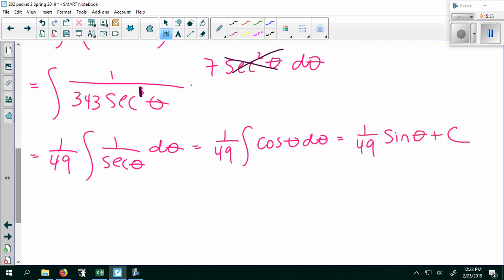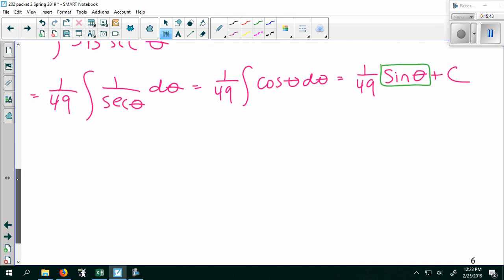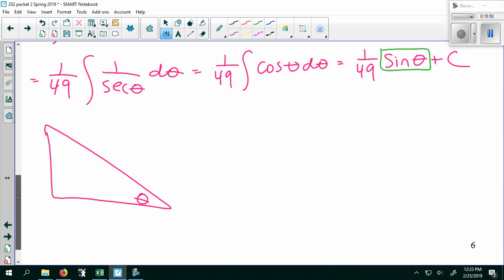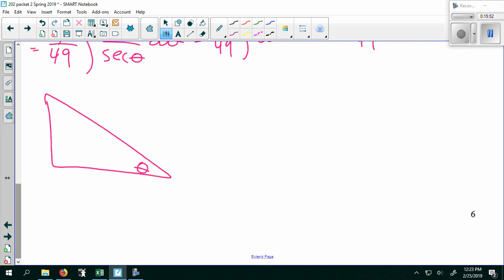Now I have to replace the sine theta with an expression involving x's. So I'm going to use the same trick as earlier with the right triangle. Draw a quick right triangle, put in theta. My original trig substitution was that x equaled 7 tan theta, which means that tan theta is x over 7.